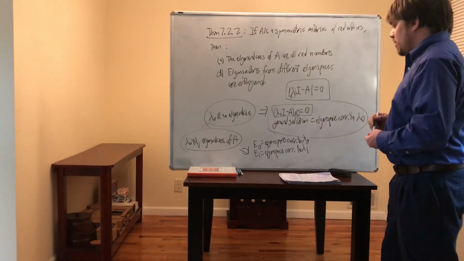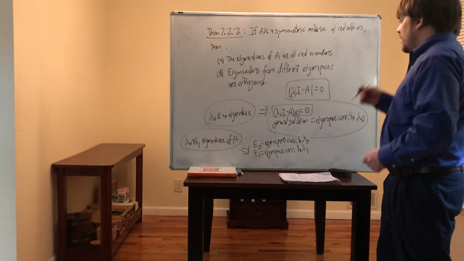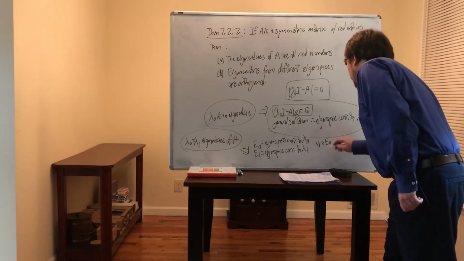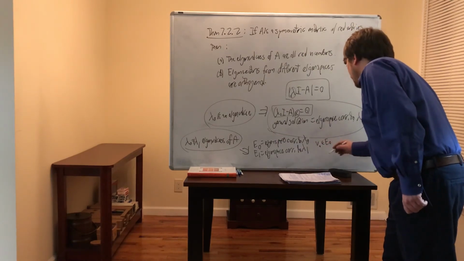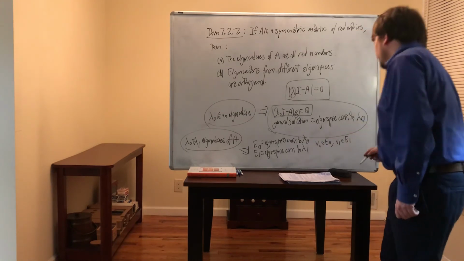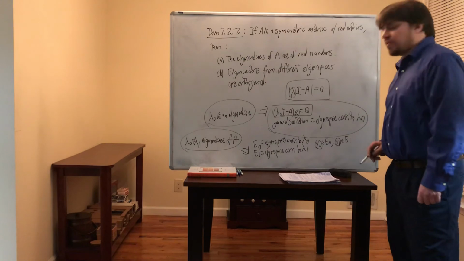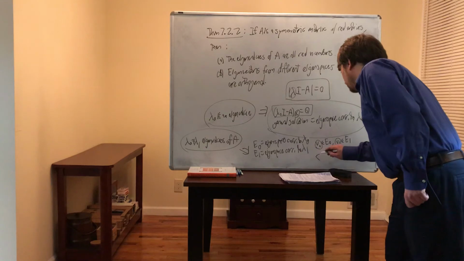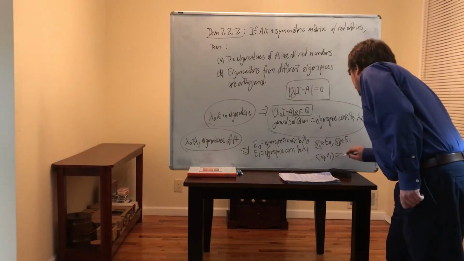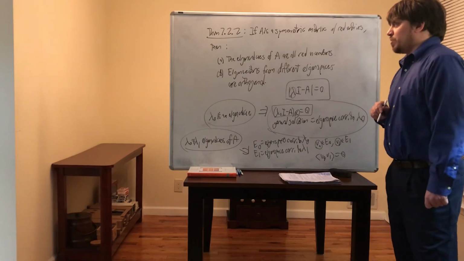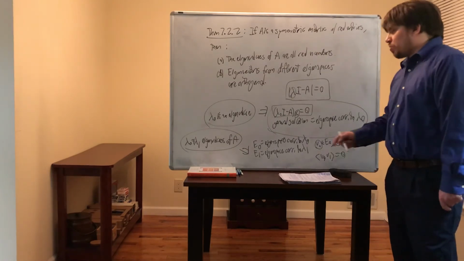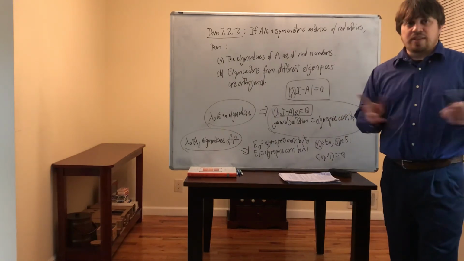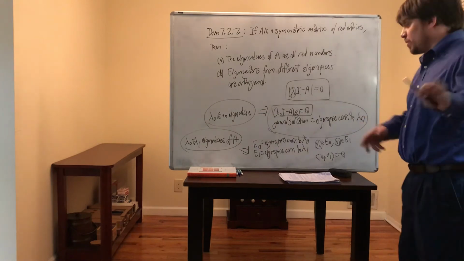So if you have those two eigenspaces corresponding to those two different eigenvalues, then what happens is if you take a vector little v naught in capital E naught, and little v1 in capital E1, meaning I take a vector from one eigenspace and another vector from the other eigenspace, then they're orthogonal, meaning if I take the inner product of those two vectors, it's equal to 0. That's what two vectors being orthogonal means, right? Again, this inner product is the Euclidean inner product on Rn, because that's the assumption of this entire section 7.2.